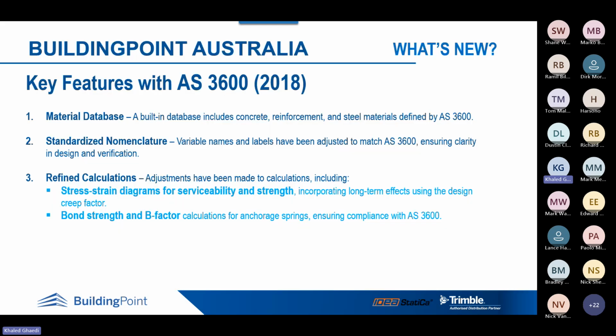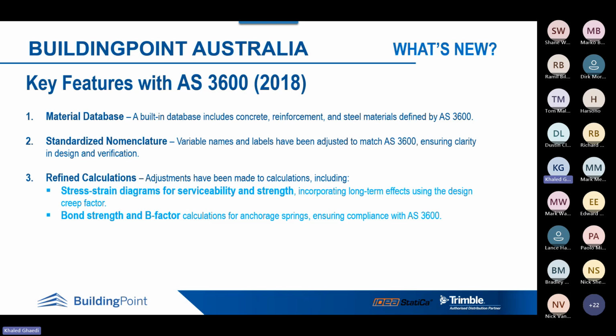So now let me go through some other slides. The key feature with AS 3600 in Detail 2D is the material database. Already, the building database was implemented in IDEA StatiCa Detail 2D regarding the concrete, reinforcement and steel materials. We also standardized the nomenclatures like variable names and labels and so on, just ensuring clarity in design and verification.